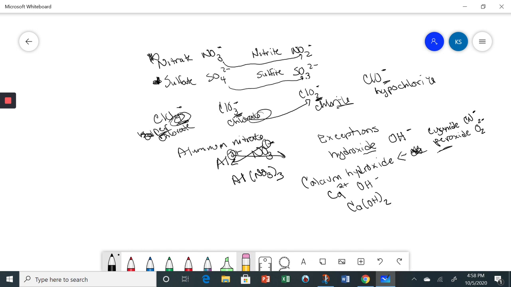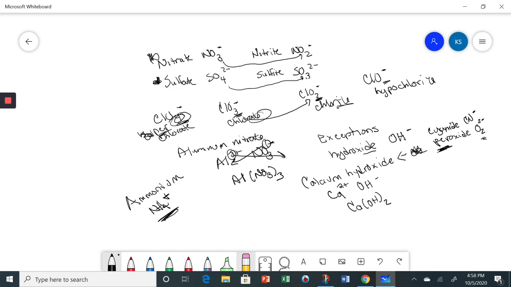Extra oxygen per oxide, 2 instead of 1. Okay? Again, parentheses, non-parentheses. The only positive ion is ammonium. Ammonium is NH4 plus. That starts the formula.